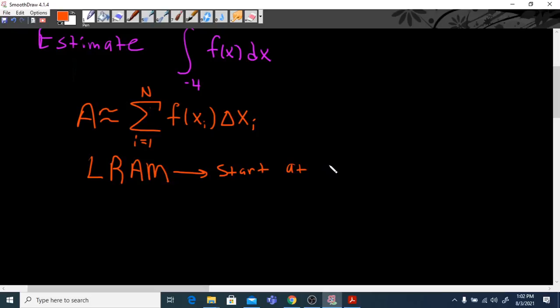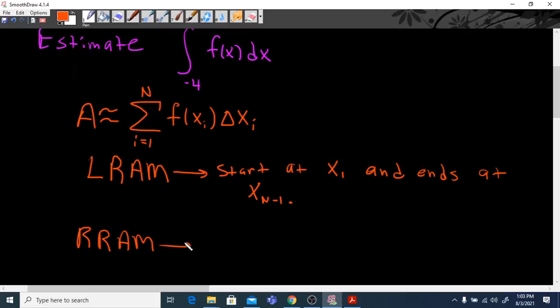Basically, it starts at the leftmost, x1, and ends not all the way to the right, but one before the rightmost, at x sub n minus 1. For the right rectangle approximation method, we don't start at the leftmost; we start at the one right after that, x sub 2, and end at x sub n.